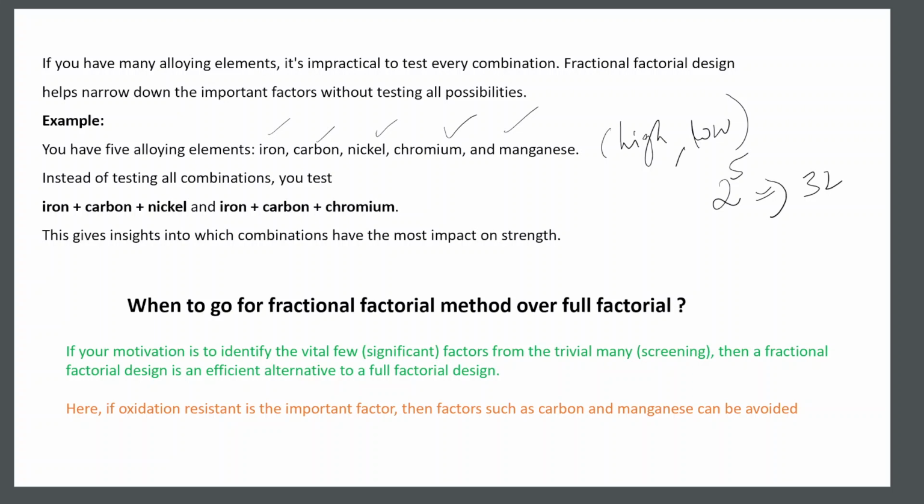Hence, we can drop those factors and concentrate more on chromium and nickel. In this way, we can screen out unwanted factors and focus more on the factors which have a critical impact.